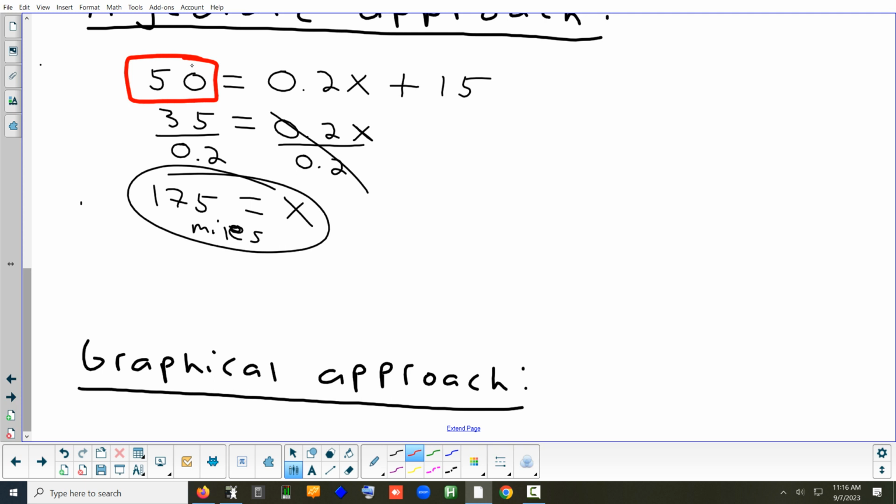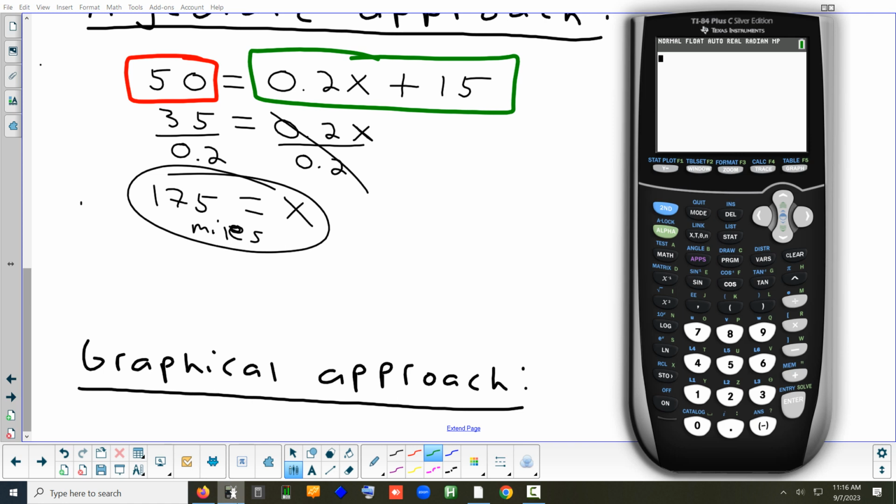I want to look at that, and I want to look at that. And what I'm going to do is I'm going to type both of those things into the calculator separately. And I'm going to graph them. So does anyone remember what button we press when we want to do some graphs? Yep. Press y equals.